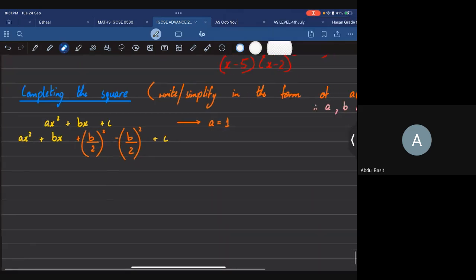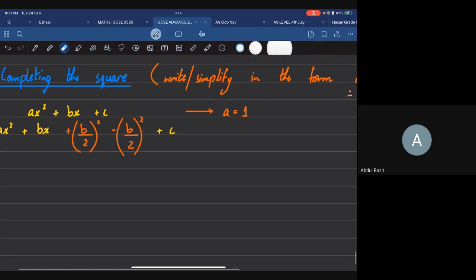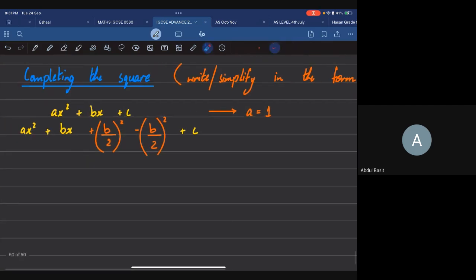Sorry about that. Okay. So what's going to happen now is that I've squared it and I've subtracted it. So that is done. Now our focus is not on the other side. My focus is that I need to focus on this bit alone.